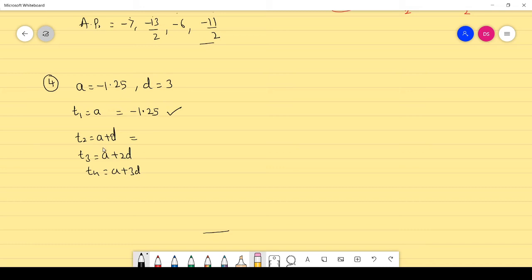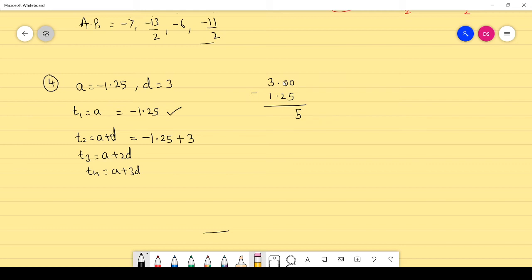Now the second term. What is the second term? T2 equals a plus d. So a is minus 1.25 plus d, which is 3. So what did we get? 3 minus 1.25. I'm solving it for you. 3 minus 1.25. It can be written as 3.00. So subtract this. 0 minus 5, we need to take a remainder over it. 10 minus 5 will be 5.